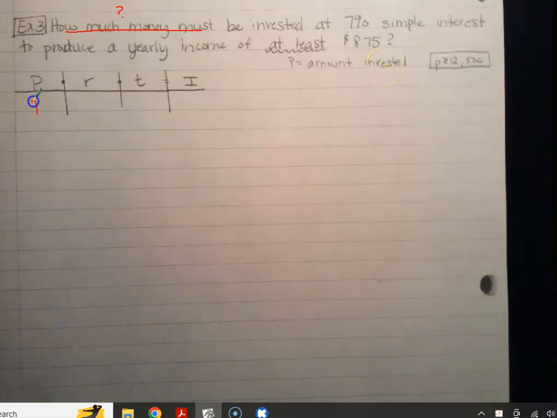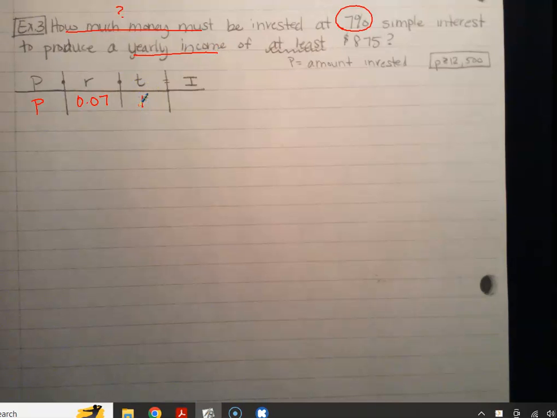So we're going to put P in there. At 7% simple interest. Well, is that our rate, our time, or our interest? That's our rate. So it's going to be 0.07. Don't forget the 0 in front of your 7. And we want to produce a yearly income, so for our time, yes, 1 year.